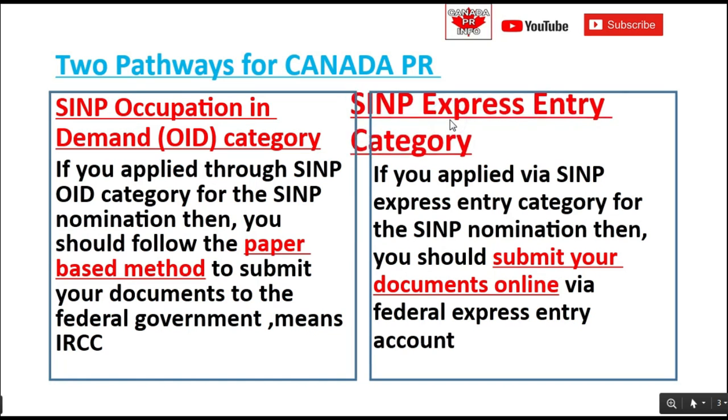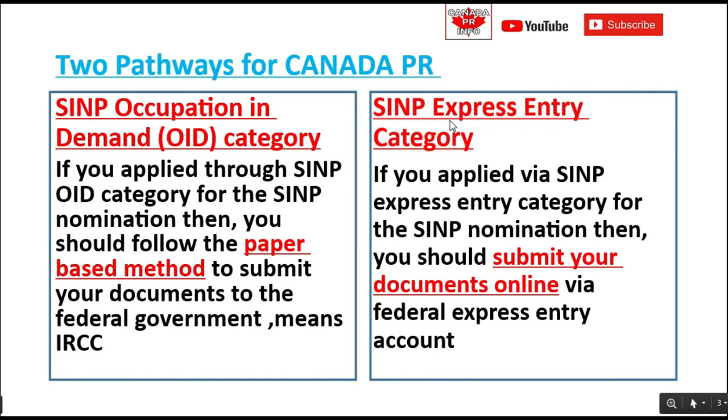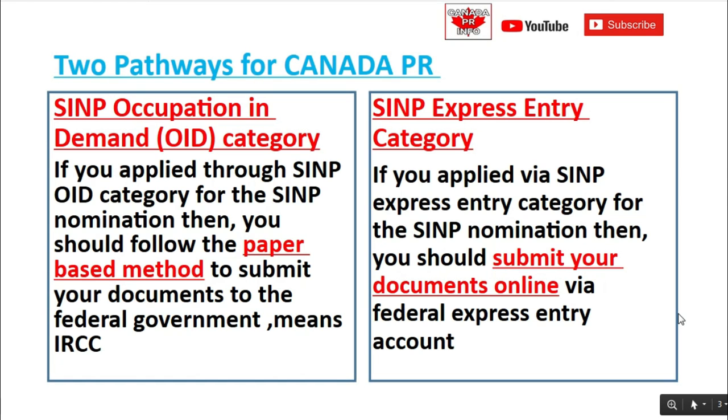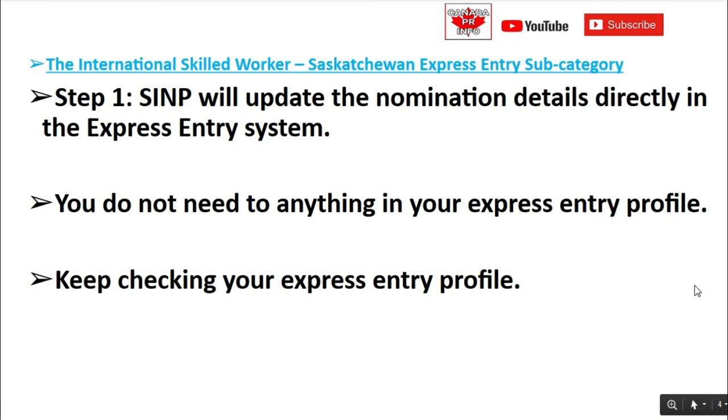And if you applied via the Express Entry category for the SINP nomination, then you should submit your documents online via your federal Express Entry account. Now let's try to understand the process in the SINP Express Entry category after nomination.